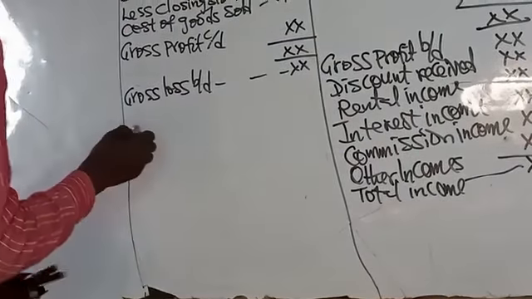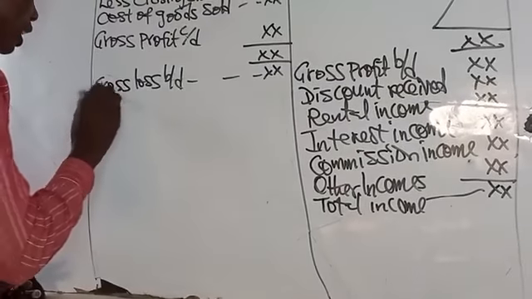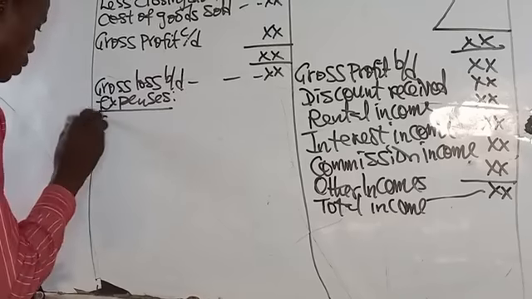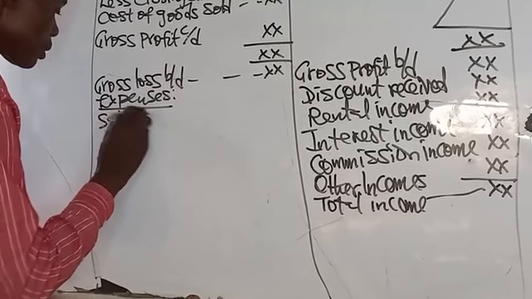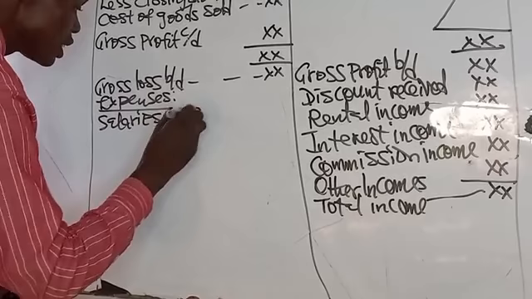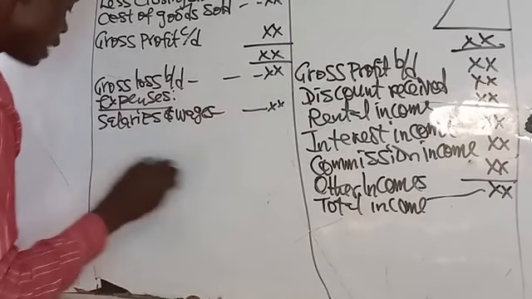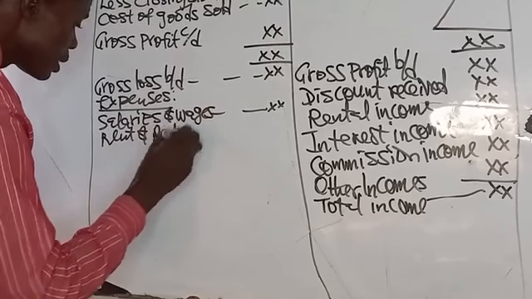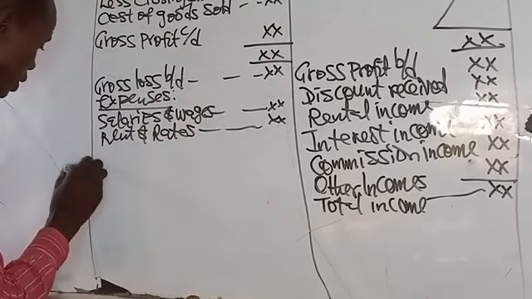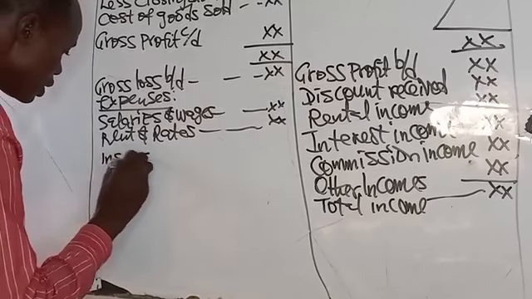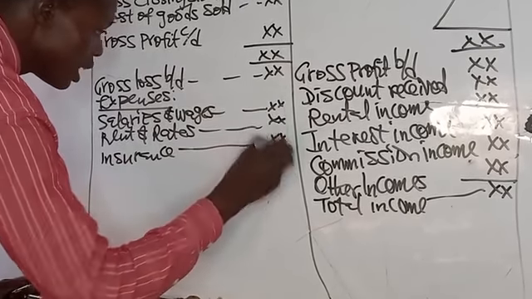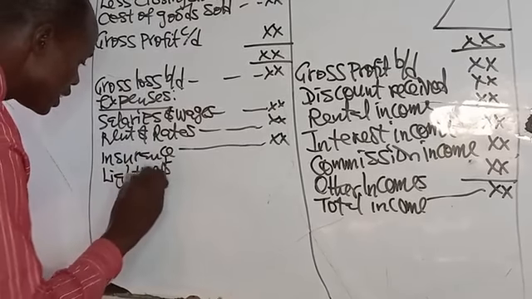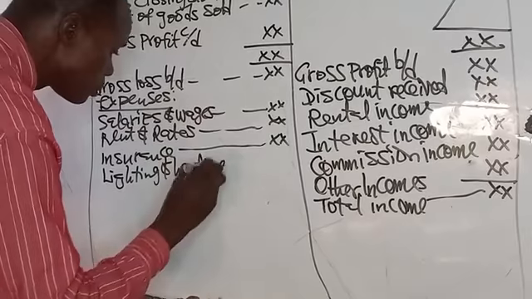Then at the debit side here, you have expenses. And expenses include administrative expenses, which include salaries and wages, rent and rates, insurance, lighting and heating or lighting and cooling.